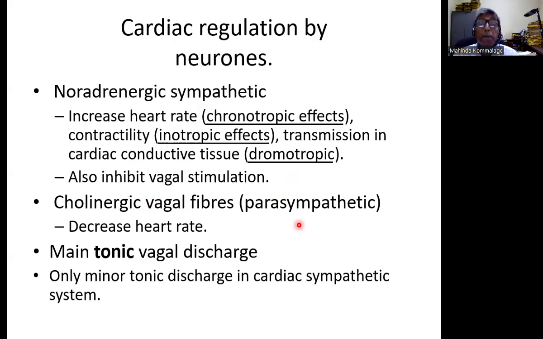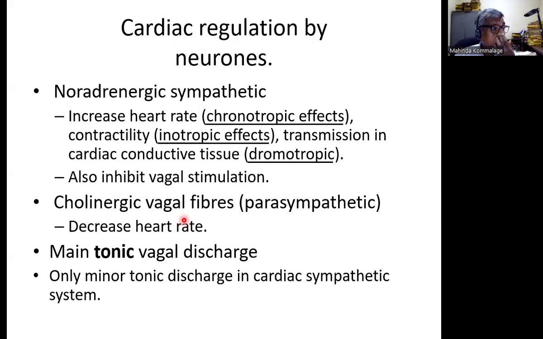Therefore, this parasympathetic system we call cholinergic fiber because it secretes acetylcholine at the receptor level at the heart. And the cholinergic fiber will come through the vagus nerve. What is the vagus nerve? Anybody?